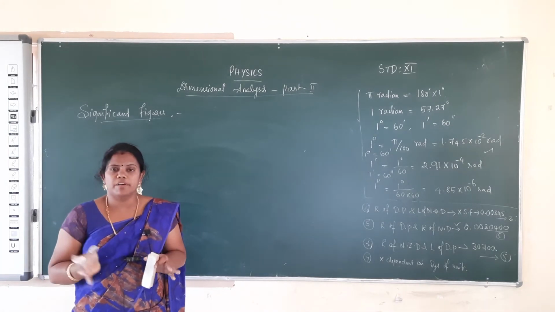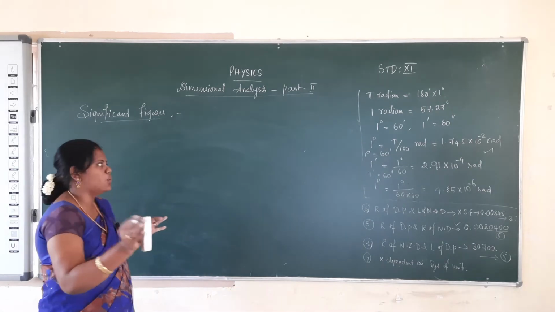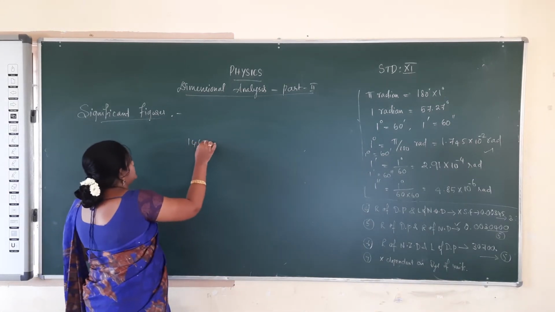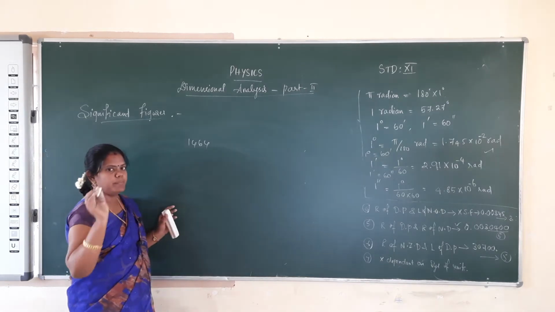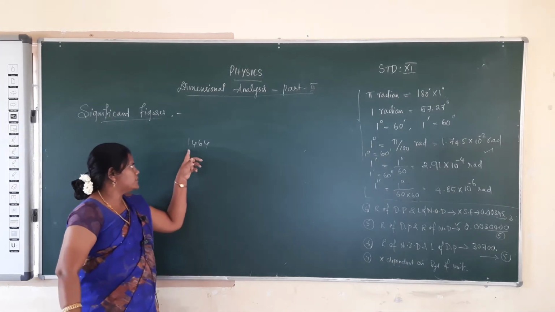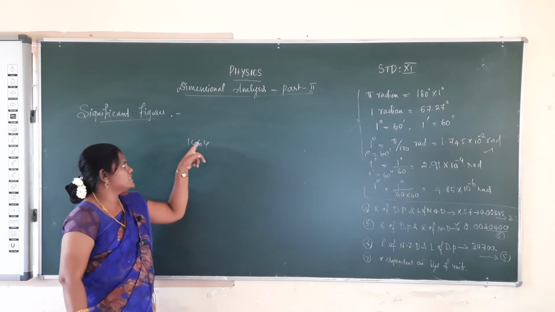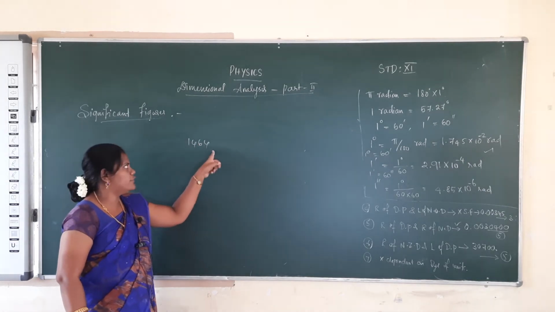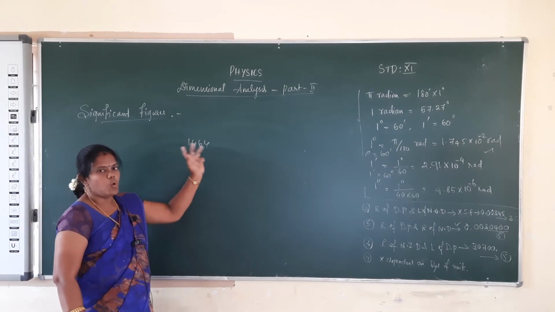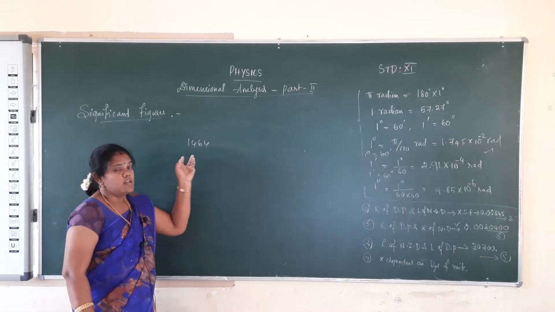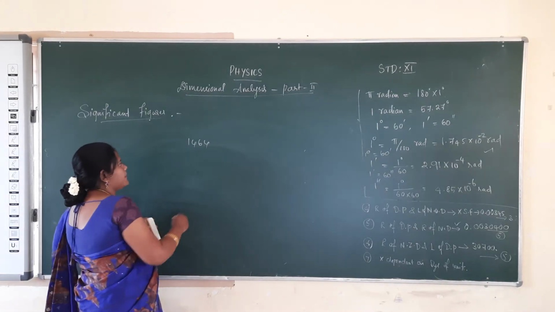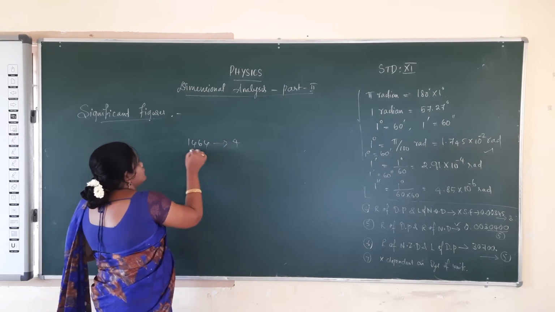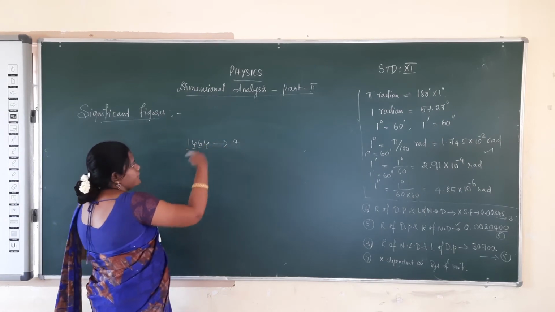For example, take 1464: 1, 2, 3, 4, the 4 digits are meaningful, because 1 is in the 1000s place, 4 is in the 100s place, 6 is in the 10s place and 4 is in the 1s place. All the digits in the number are meaningful. So the meaningful digits in a number are called significant figures. So 4 significant figures.